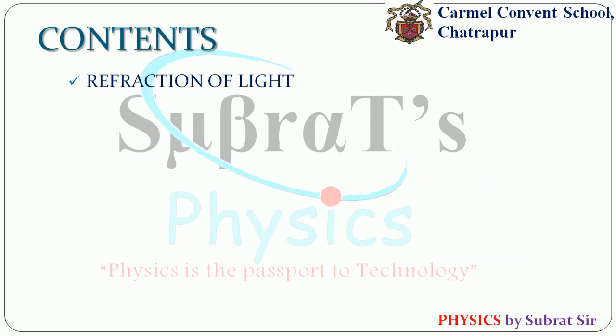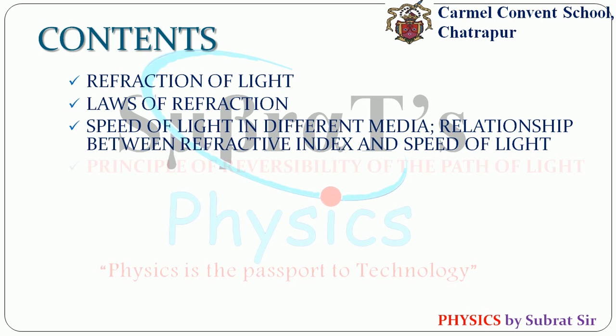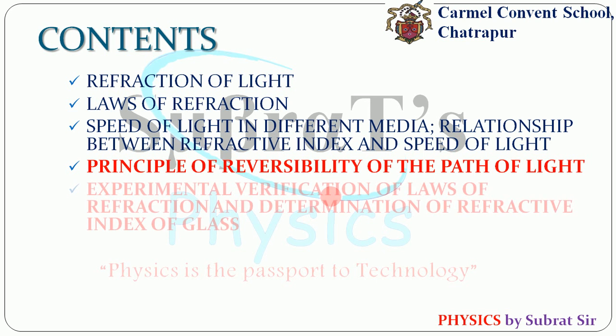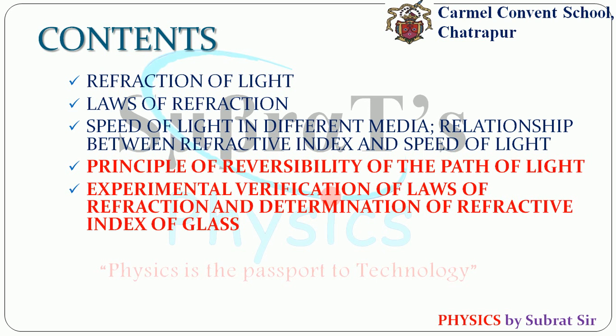Okay, so refraction of light you have already completed, and laws of refraction also completed. Speed of light in different media, that also we have completed, and principle of reversibility of the path of the light, and the experimental verification of law of refraction and determination of refractive index of glass.